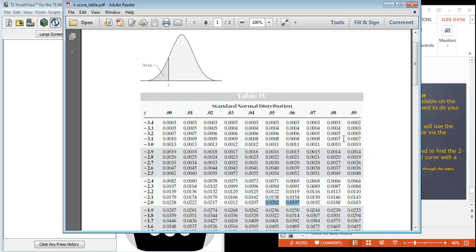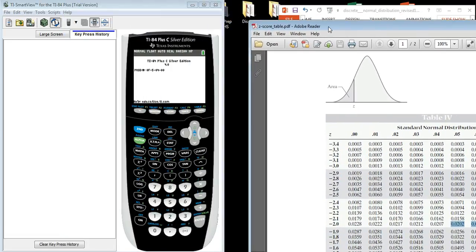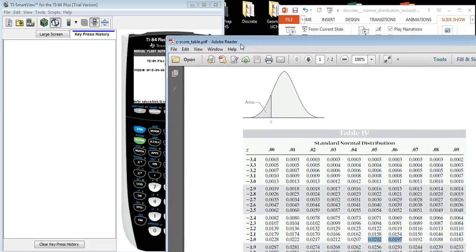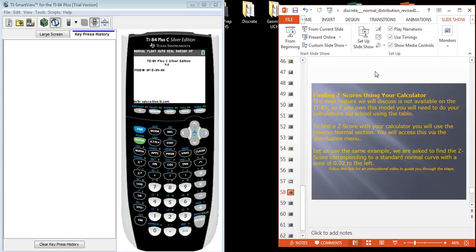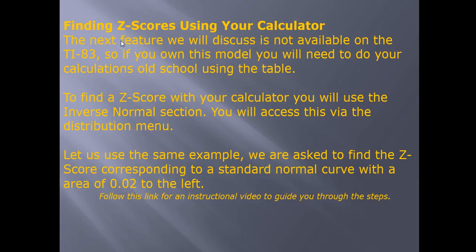So here's how we're going to do that same thing on a calculator. By the way, when you're finding a z-score using your calculator, if you have a TI-83, it doesn't have this feature, so you're going to need to do the calculations the old school way.